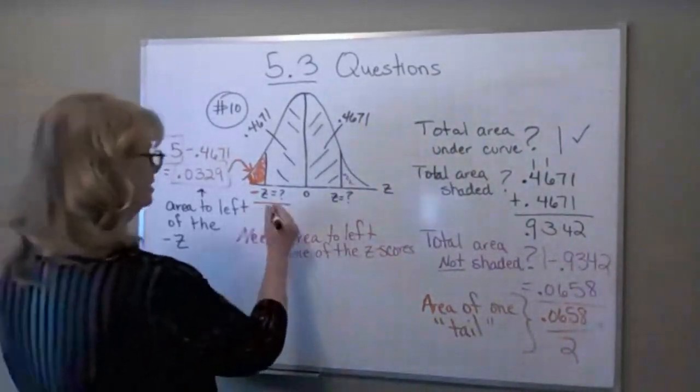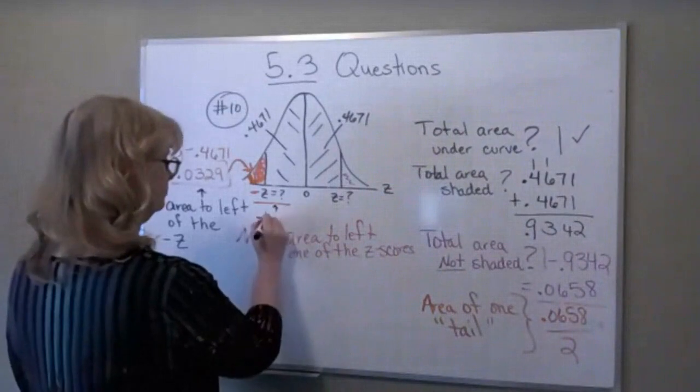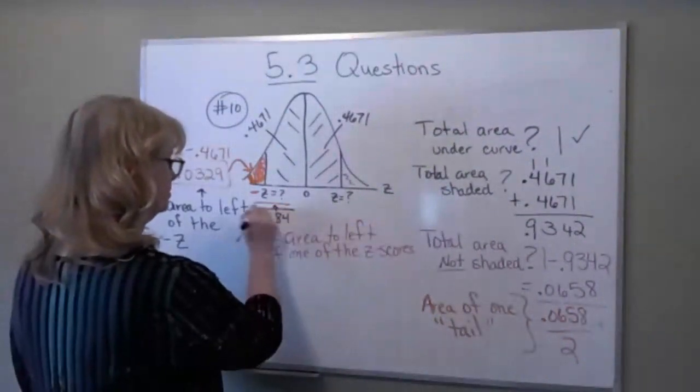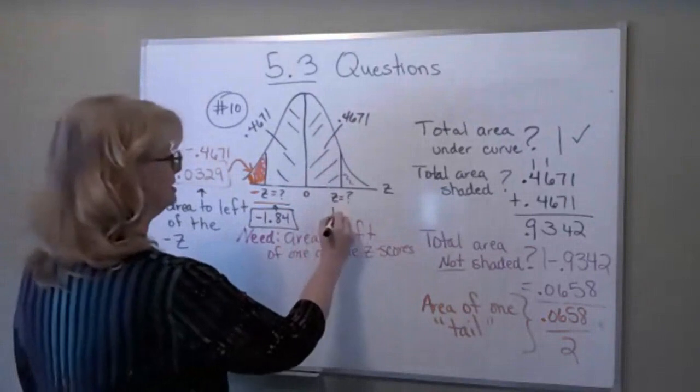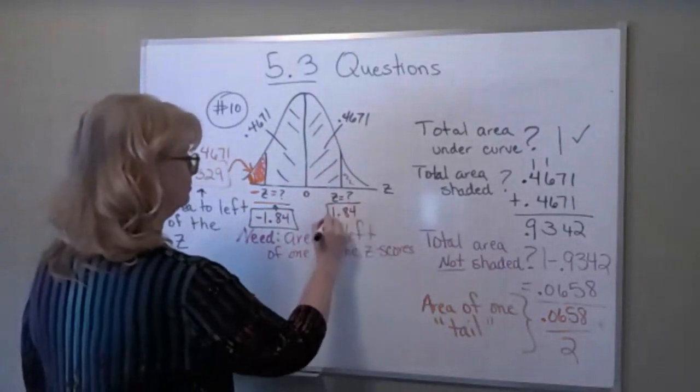So this score here, I looked it up, is negative 1.84, which means the positive one is positive 1.84.